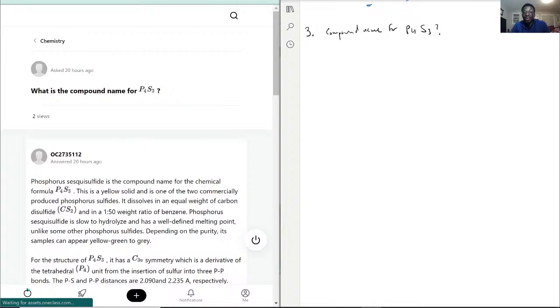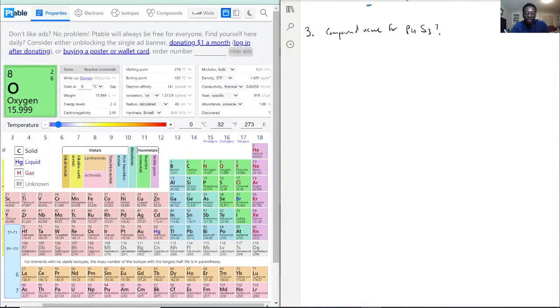So let's make this a little easier and break it down into its elements. What is P4 and what is S3? Specifically, what is P referring to and what is S referring to? Well, P on your periodic table is phosphorus, and S is sulfur.